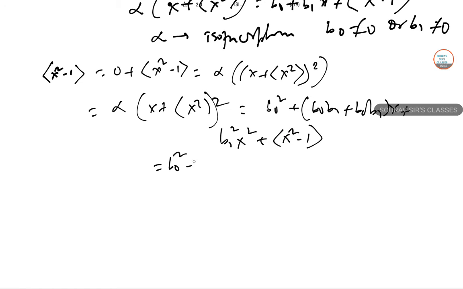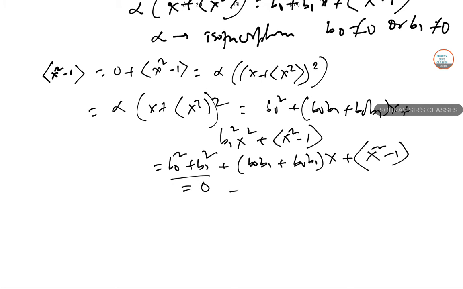So this is b0², b1², b0b1, b0b1x and x² − 1. Now here b0² and b1², if this thing is equal to 0, and b0b1 and b0b1, this is also equal to 0.